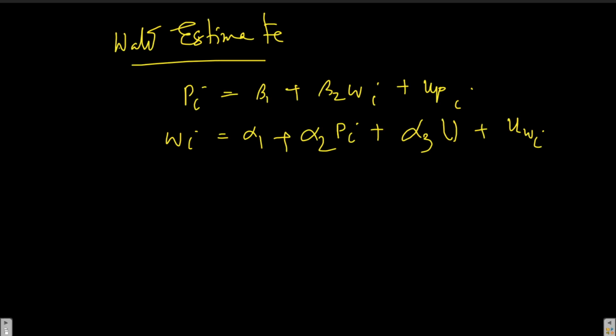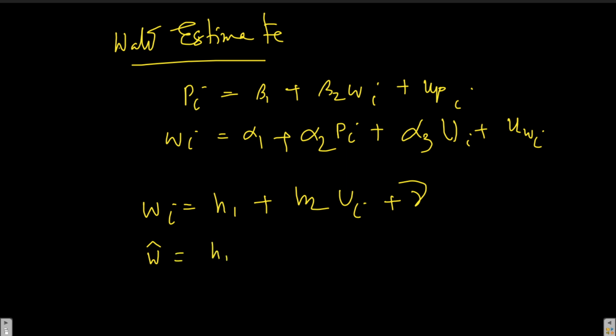Now in this case, let's say in the first stage regression, I will have Wi is equal to H1 plus H2 UI, and let's say some error term. And when I estimate it, I get W hat is equal to H1 hat plus H2 hat into U.